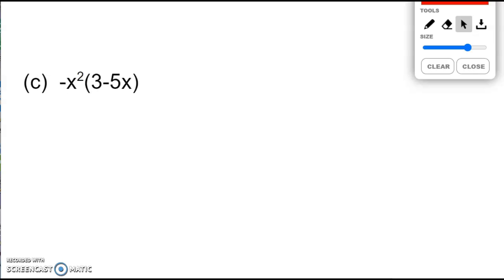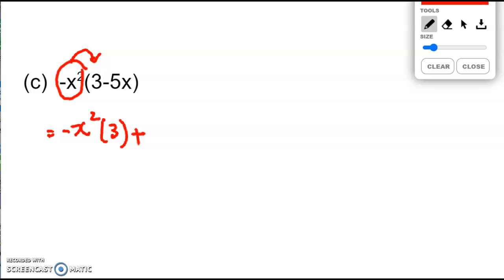All right, and then C. This time you're multiplying negative x squared. Remember, any negative sign belongs to whatever variable or number follows. So negative x squared is being multiplied to 3, and to that, you're adding negative x squared being multiplied to negative 5x. Notice that I am using parentheses, because if I just said negative x squared minus 5x without the parentheses, this is a very different expression.